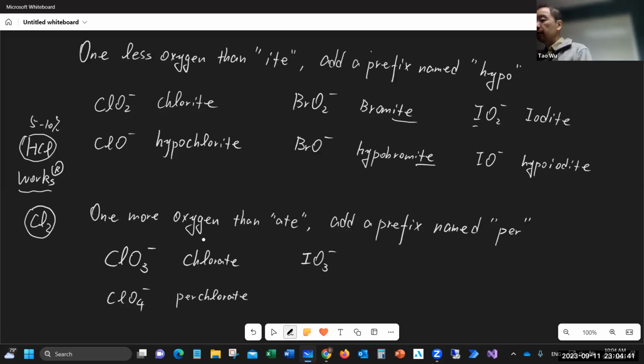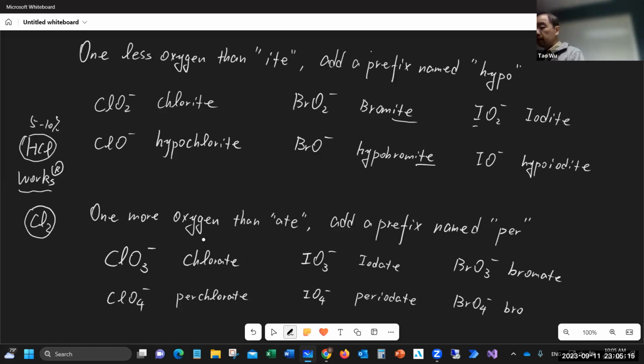IO3 minus is called iodate, and IO4 minus is called periodate. BrO3 minus is bromate, and BrO4 minus is called perbromate.